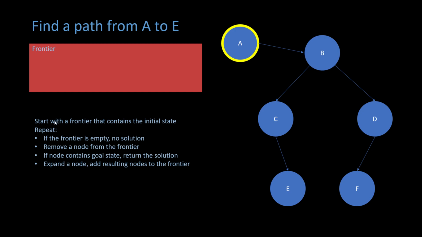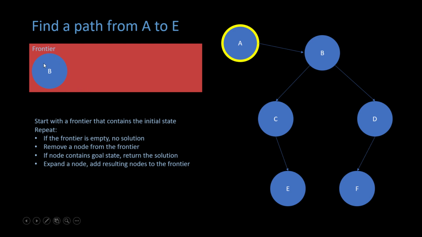Everything that A is connected to, which is just B, will be added to the frontier. And again I go to these steps. If the frontier is empty now, there's no solution.